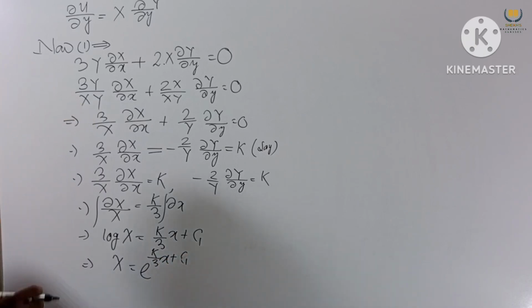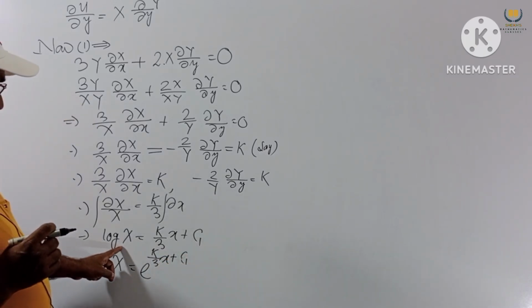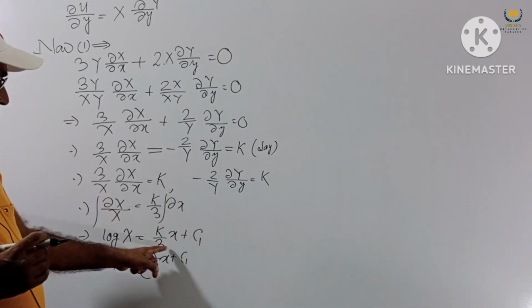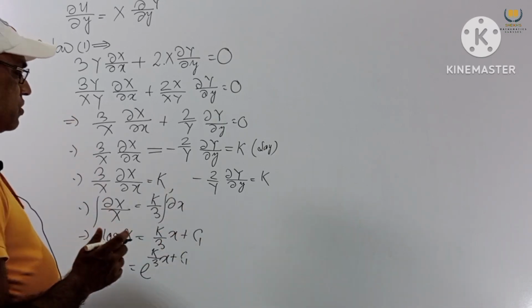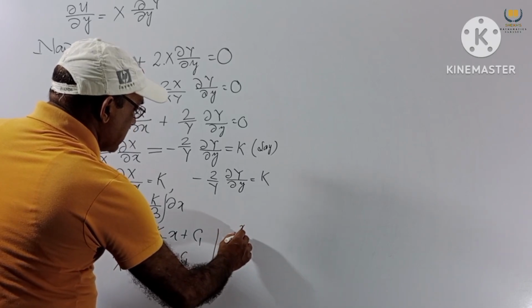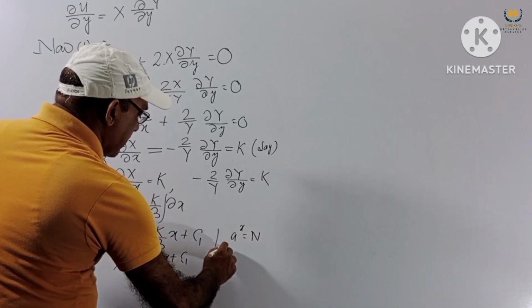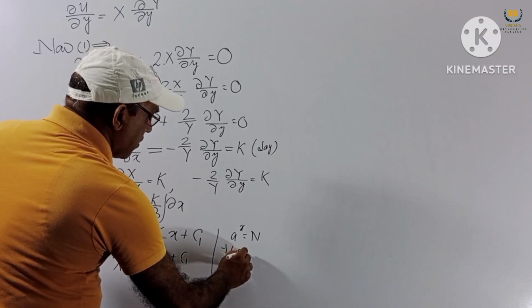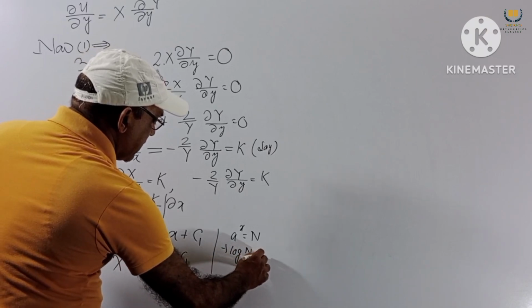Here the base is e, so if we remove log, then X equals e to the power this, because we know this formula: if a to the power x equal to n, taking log on both sides, log n base a, then x.